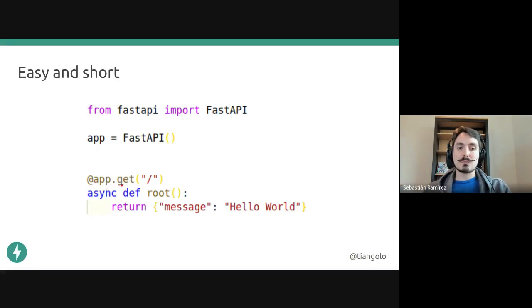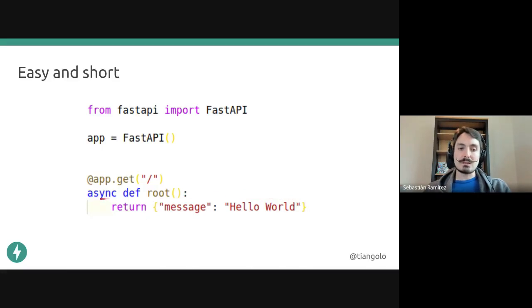And then we declare that we are going to use an HTTP GET method or HTTP GET operation. And then we say that this is going to go to the slash or the root path in this application. And then we can just return a simple dictionary, and FastAPI will make sure to convert this to JSON and return the response correctly.